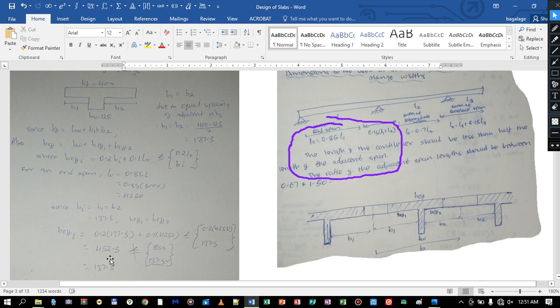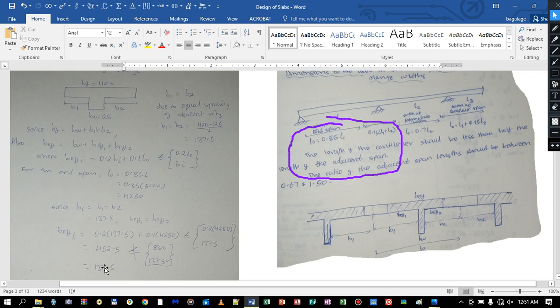The figure we get here is less than 850, but exceeds 137.5. Therefore we take this, which means the provided flange width is effectively used.